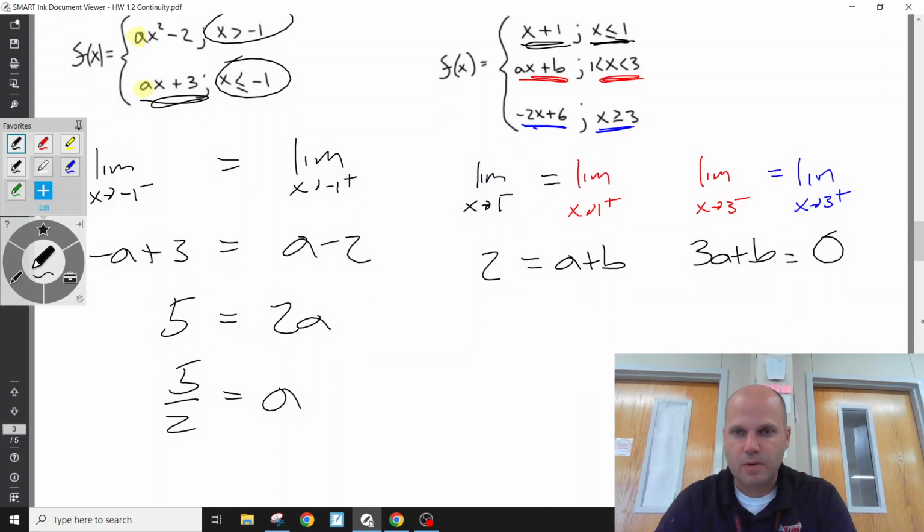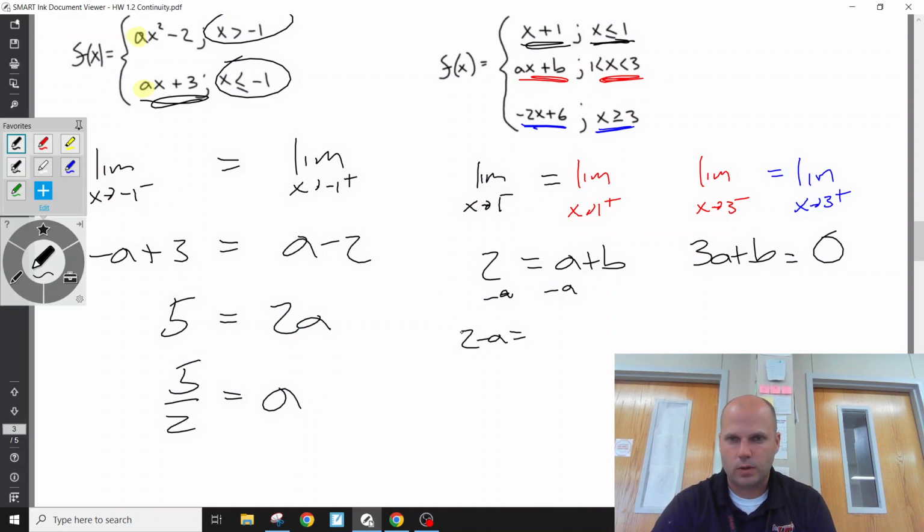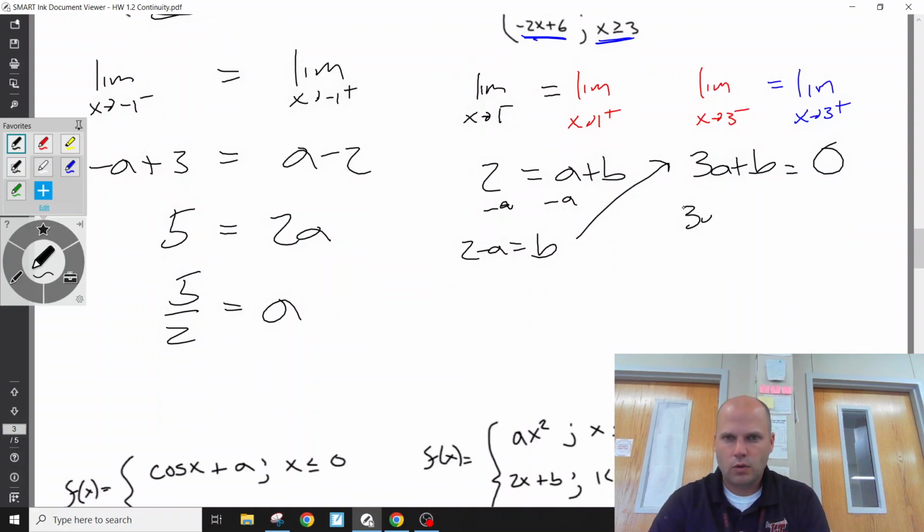Well, we have a system of equations, 2 equations, 2 unknowns. Quick little review of systems of equations. We like to solve for a variable, any variable that you'd like to, and substitute it into the other one to eliminate that variable. I'm solving for b because I just see 1b right here. I'm going to take b, substitute it into this equation, and I'll get 3a plus 2 minus a equals 0.